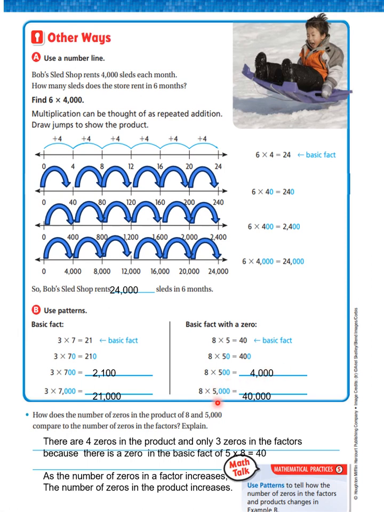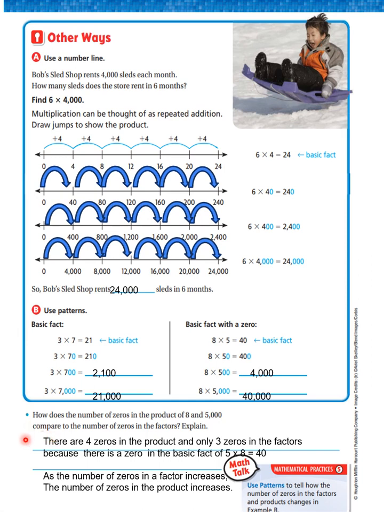8 times 5,000 is 40,000. Remember, 8 times 5 is 40. Then we add the 3 zeros. All right. Let's look at the last one. It says, how does the number of zeros in the product 8 times 5,000 compare to the number of zeros in the factors? And then it says explain.